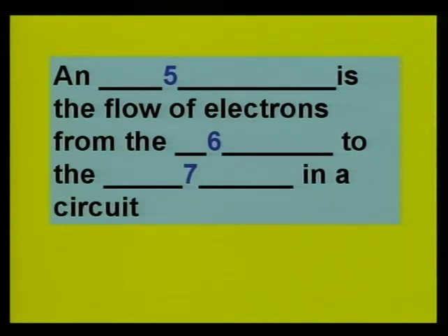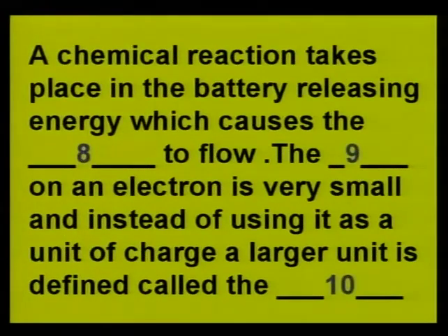All right, you should have finished by now. I'll give you the next. When a chemical reaction takes place in a battery, it releases energy which causes the electrons to flow.